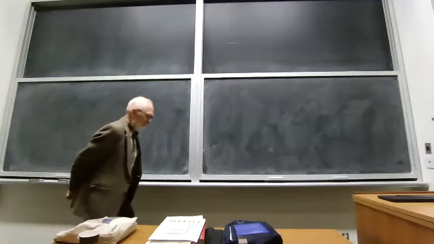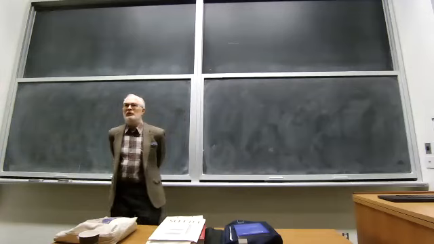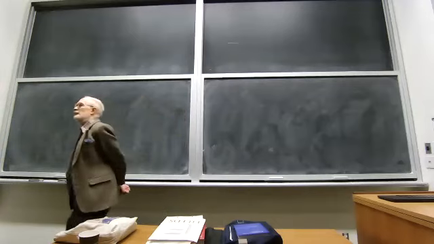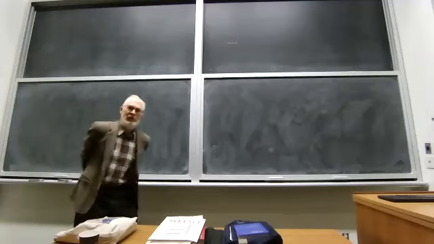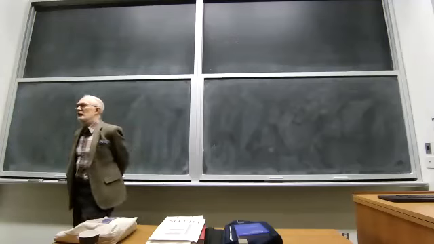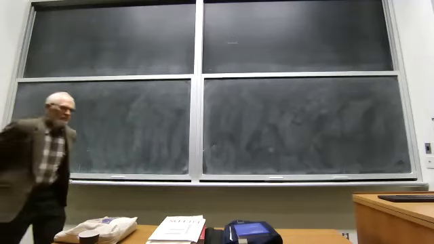Whether you take plus n or minus n, that's a convention. But you have the Fourier coefficients. The very important property is that they be absolutely convergent as a series. If you add up the absolute values of the Fourier coefficients, you get a finite number.